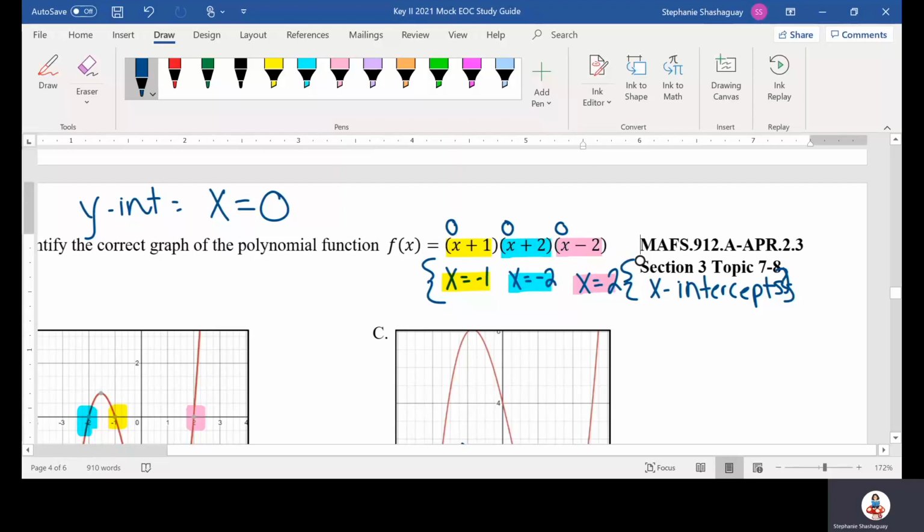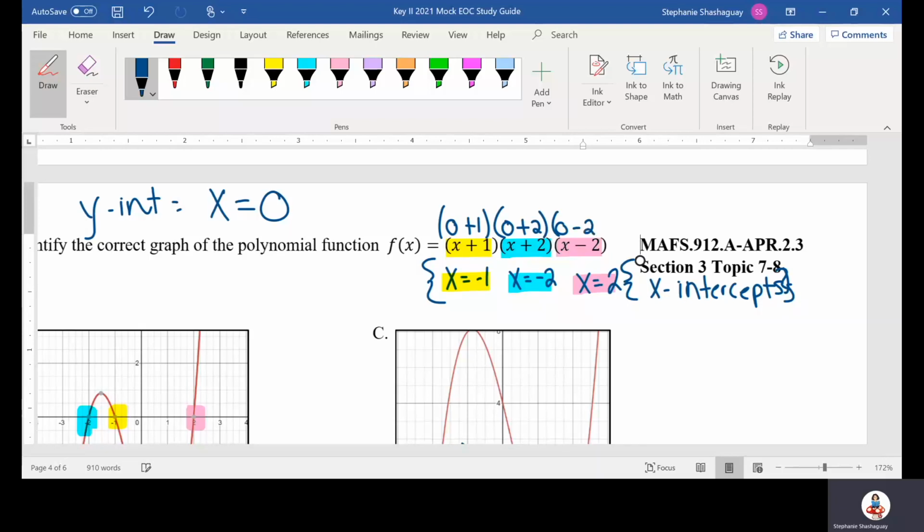So if I plug in 0 for x and I add 1, 0 for x and I add 2, 0 for x and I subtract 2, I'm going to have 1 multiplied by 2 multiplied by negative 2. Well, 1 times 2 is 2. 2 times negative 2 is equal to a negative 4. So that is equal to my y-intercept.